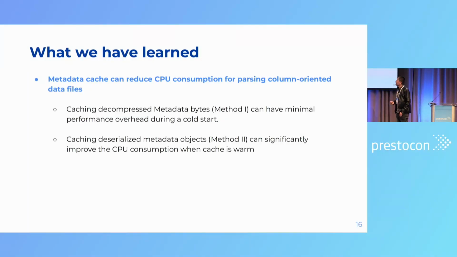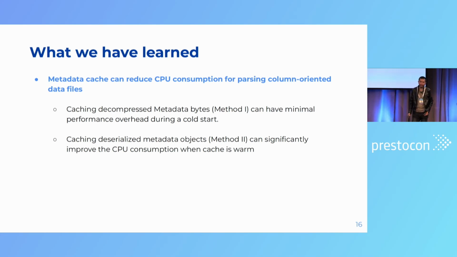Okay, so let's talk a little bit about what we have learned from this work. Firstly, we think if we cache the raw bytes, we can have minimal performance overhead during the cold start, which means when the data is not in the cache, the overhead of the actual work we need to do is small.